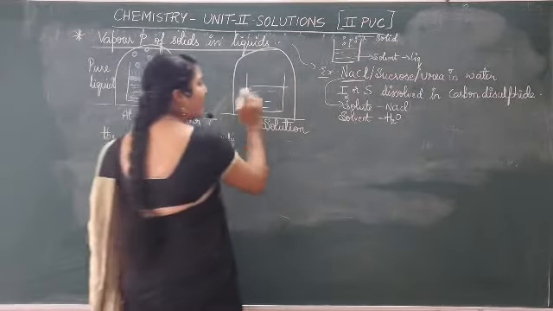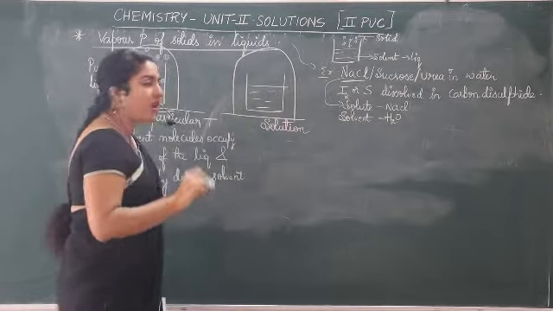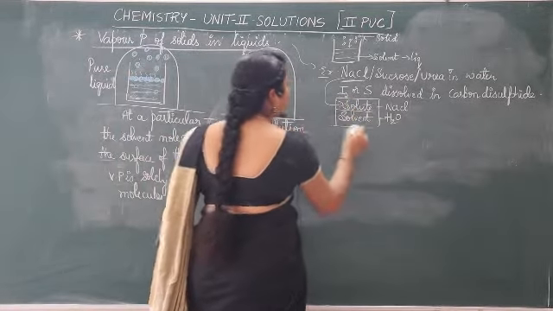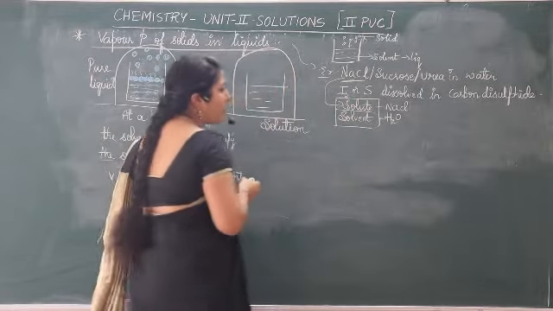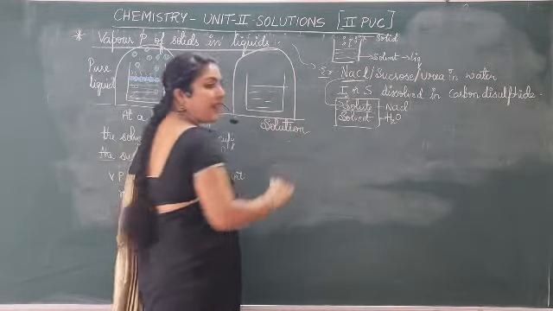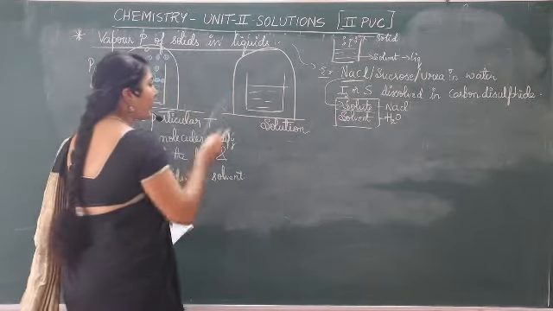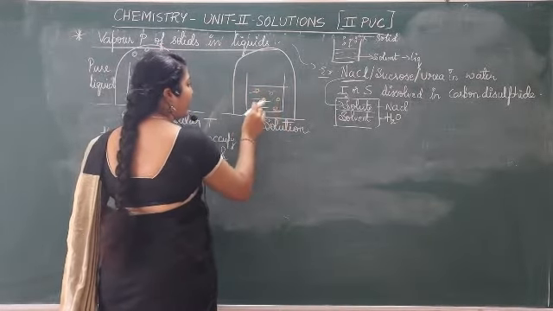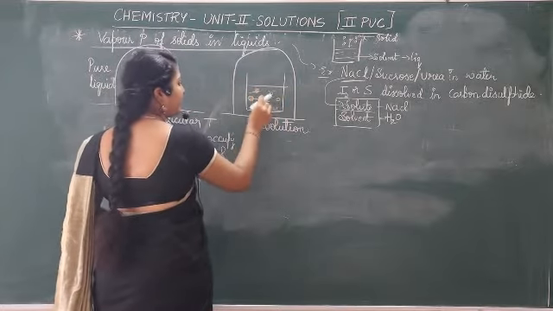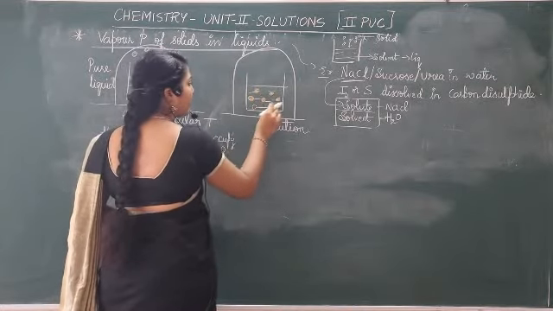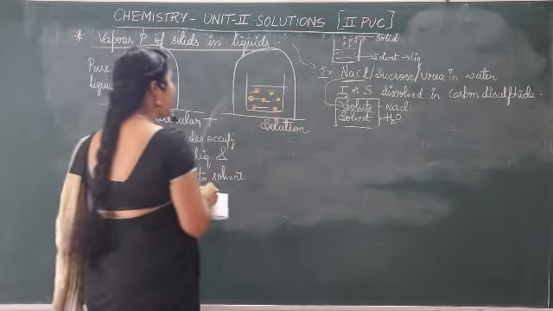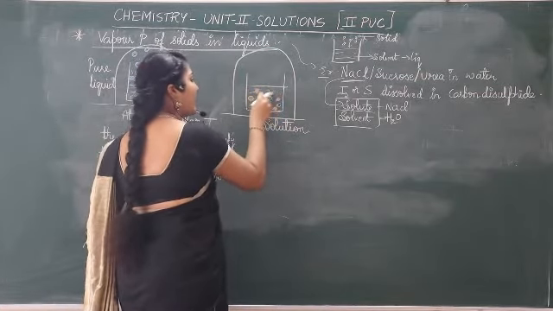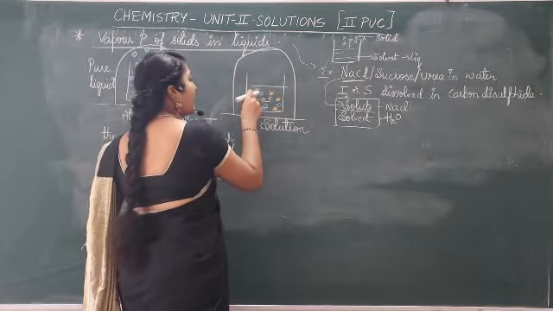Next, if you consider a solution, in solution what do you have? You have both solute as well as solvent, isn't it? This is sodium chloride solution. In this you have both solute as well as solvent molecules present in the solution.